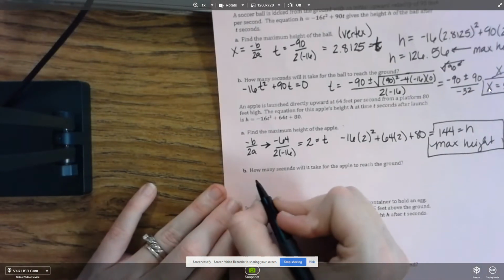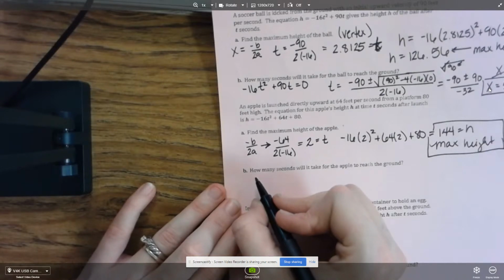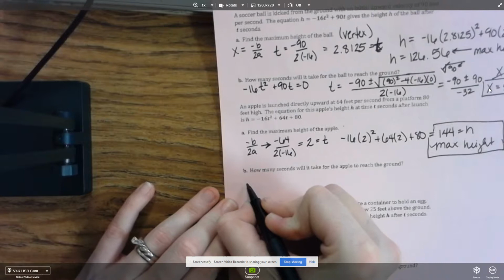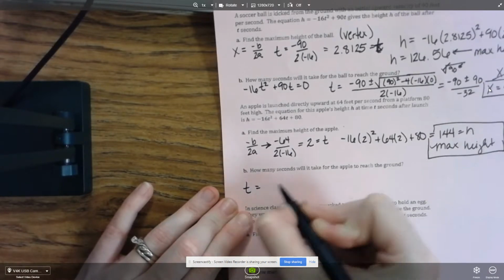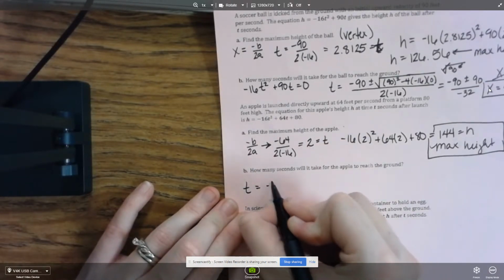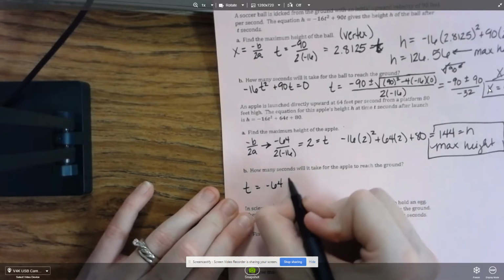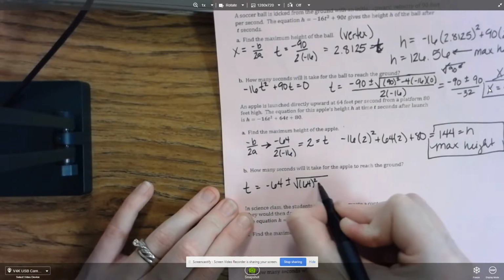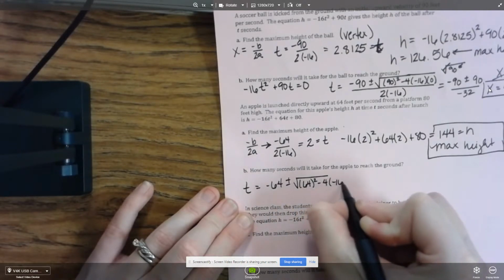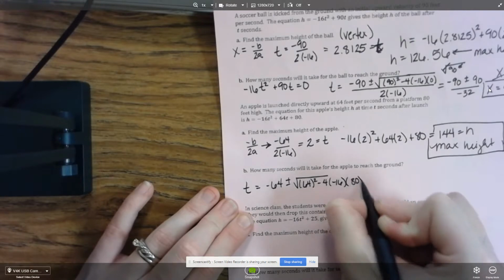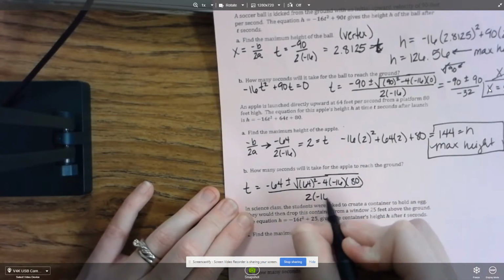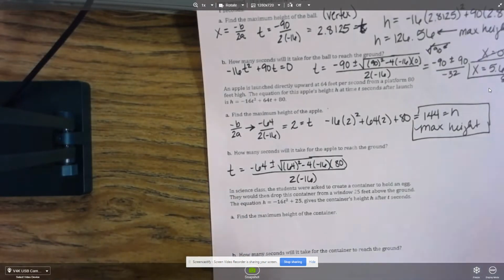And so we're going to use the quadratic formula. So t is going to equal negative b, so negative 64 plus or minus the square root of b squared minus 4 times a times c, and then divided by 2 times a.